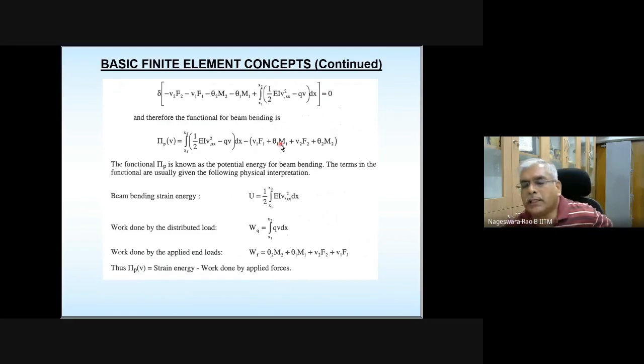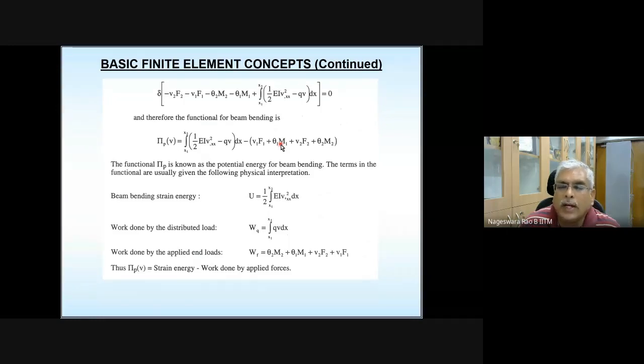So two cases. One, if at both ends essential boundary conditions are specified, how to get the potential energy functional. Second case, if at both ends natural boundary conditions are specified, how to get the potential energy functional. And why did we discuss both these cases? Because if you take a long beam, you are going to discretize that into many elements, internal elements.